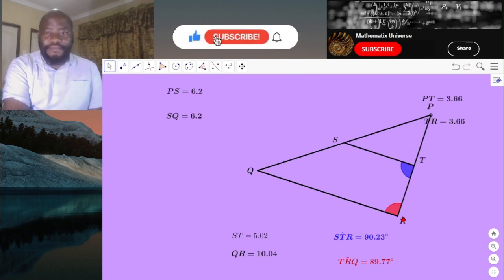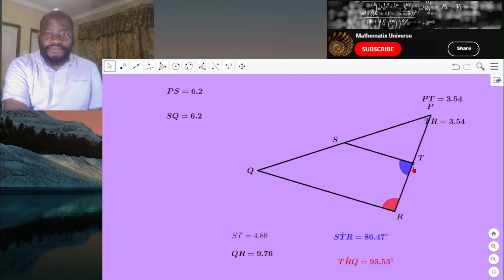But you can see what I mean. We can move this point as well. The points I cannot move are these 2 because these have to do with where these 2 points are. So I can only move the corners of the bigger triangle.